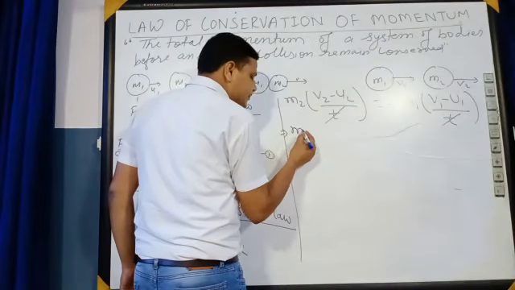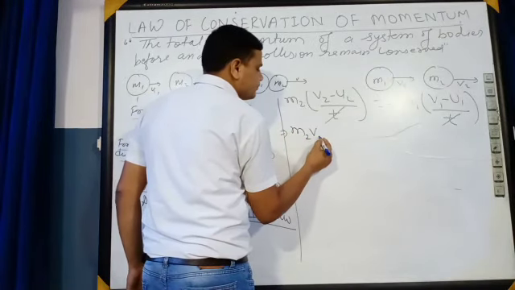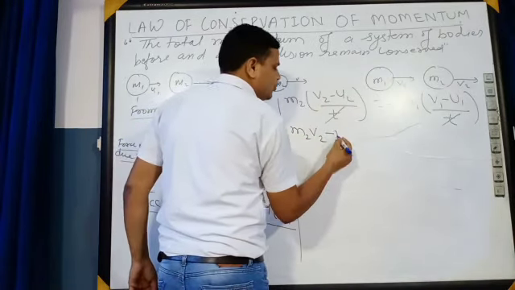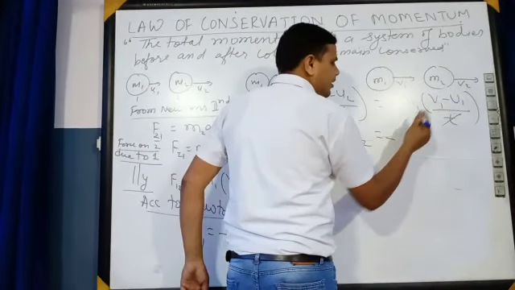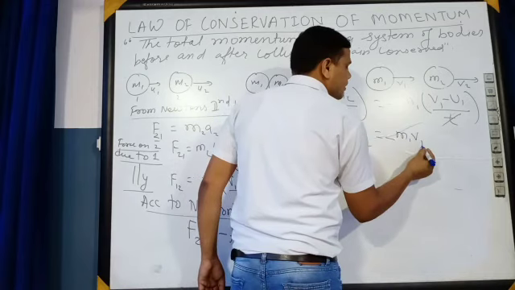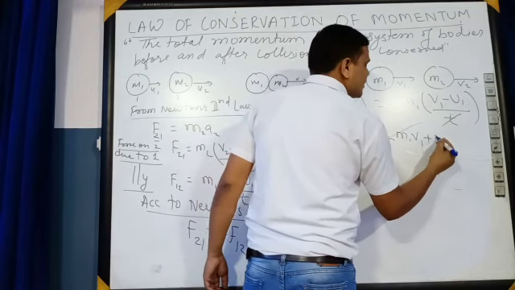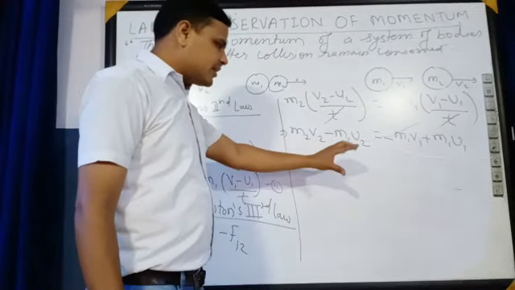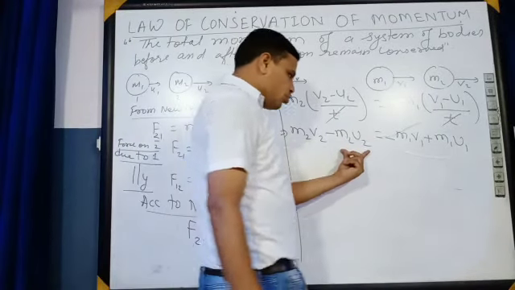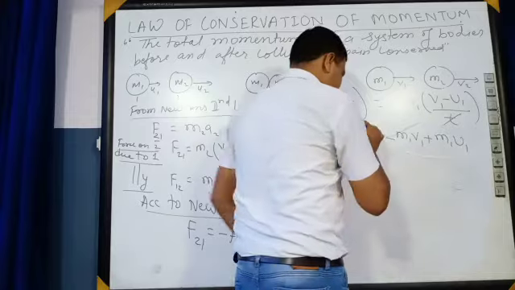Now expand it. m2 v2 minus m2 u2 is equal to minus m1 v1 plus m1 u1. Now what you have to do, take the initial velocity terms on the same side.